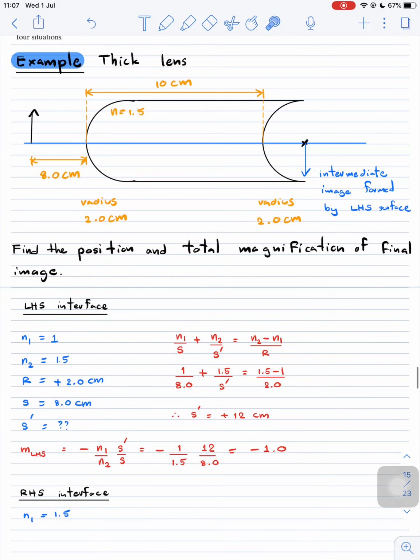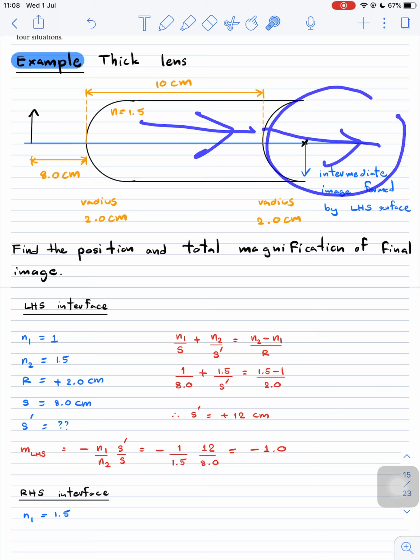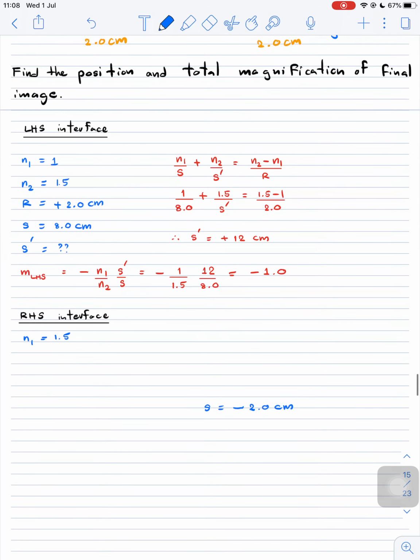Now for the n2, number 2 is reserved for the medium which is on the same side as the refracted ray. If the light comes from here, it will be refracted to this medium, so medium 2 is the air. So we get n2 equals 1.